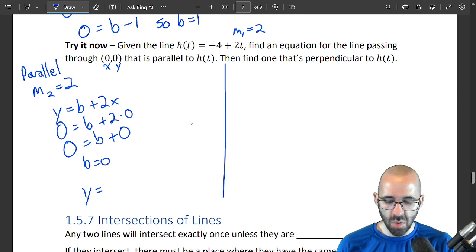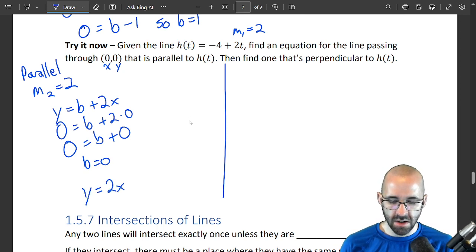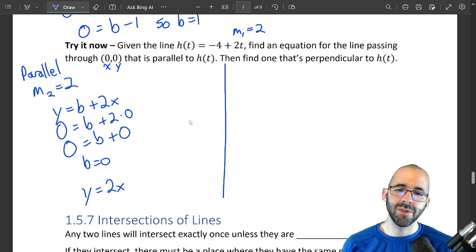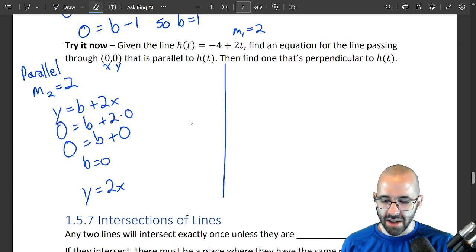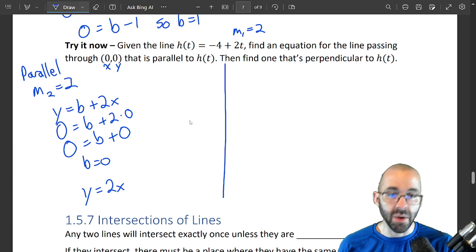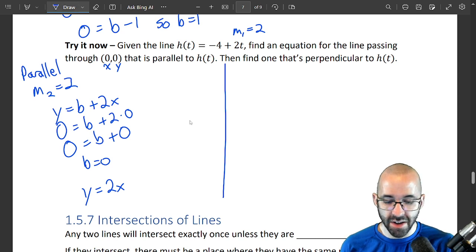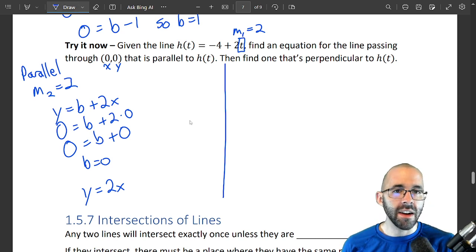When you do this, you're going to find out that b equals 0. So our answer is just going to be y equals 2x. And again, I should really be clear about this and consistent. I didn't notice this. I apologize for not noticing it. Our independent variable, our input variable is t.